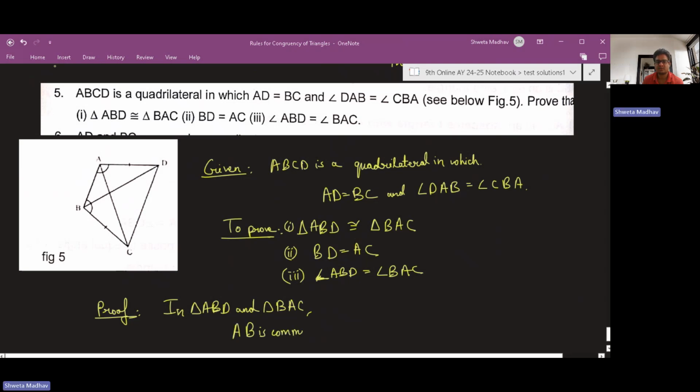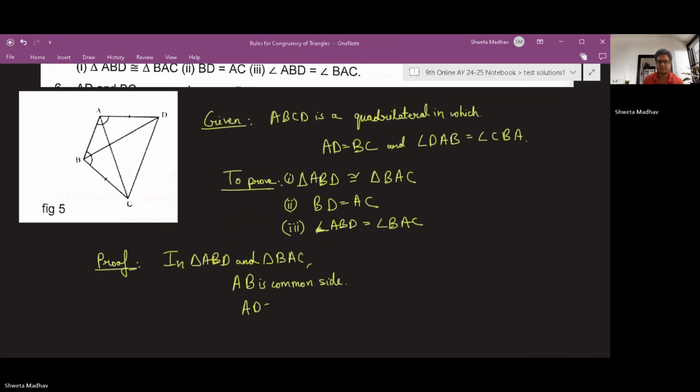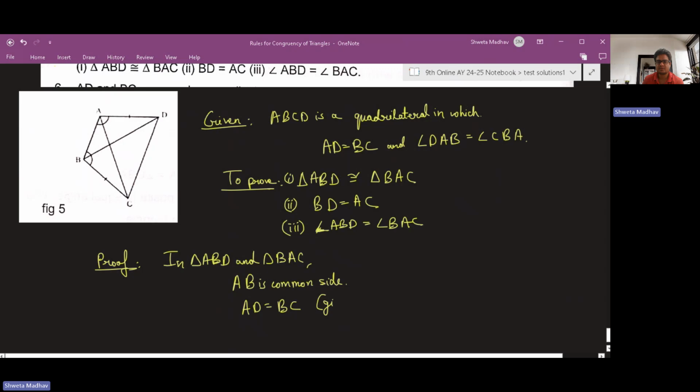It is given that AD equals BC, and angle DAB equals angle CBA, which is also given.